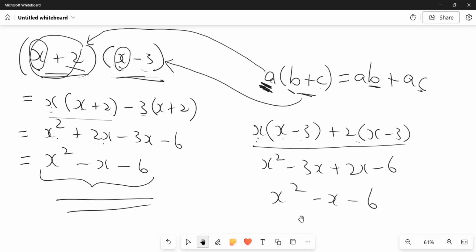Whether you take everything here and multiply by each of these here, or you take everything in here and multiply by each of these two things in the first bracket. That's what we do here. Regardless of which method, they both turn out to be the same thing, right? It's the distributive law at work.